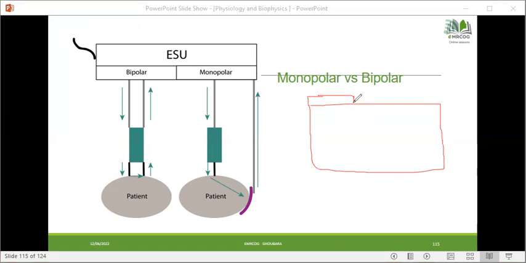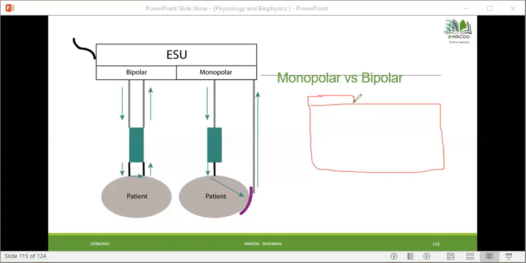Sometimes this heat is big enough to cause cutting or coagulation, and sometimes it's not big enough. It will cause only a heating effect, like the devices we use in physiotherapy, which only cause some heating or vibration effect.